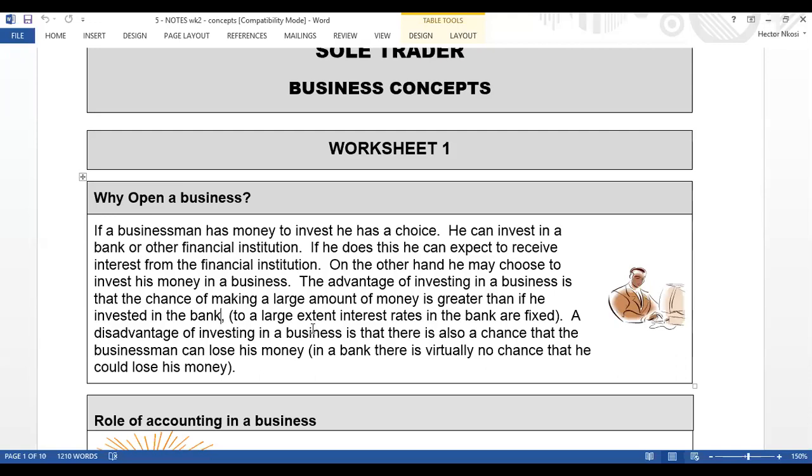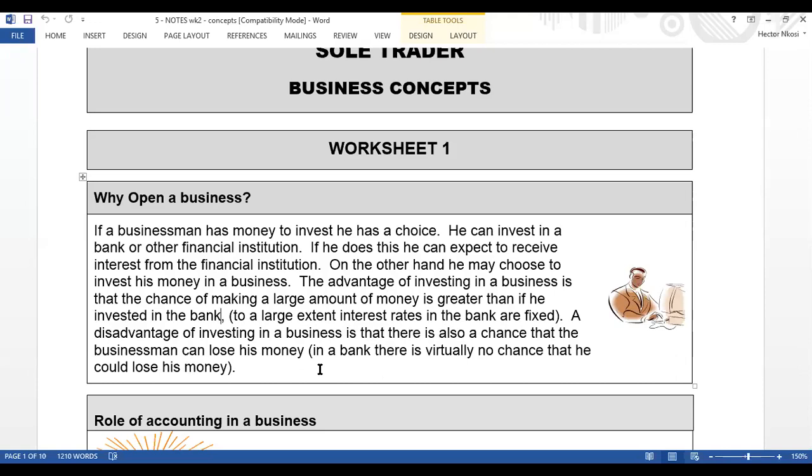Then it says a disadvantage of investing in a business is that there is also a chance that the businessman can lose his money. Like now, guys, it's coronavirus. Now it's winter. We are in June. Some businesses know already that around June, because I'm selling cold drinks or ice cream, I don't make so much money.